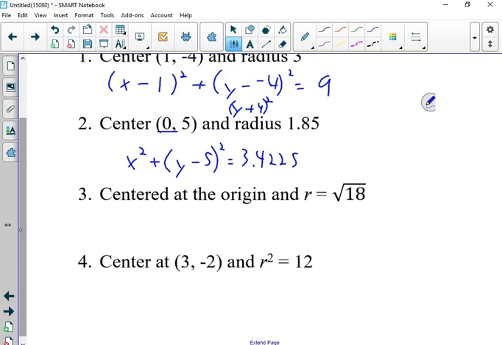Centered at the origin. That means both of these are 0. And the radius is 18. Because remember, we square the radical, it cancels out the radical.